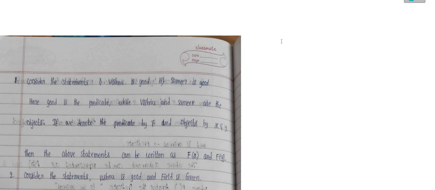Here, good is the predicate while Vishnu and Samir are the objects. If we denote the predicate by F and the objects by x and y, the statements can be written as F of x and F of y. Here, F of x means Vishnu is good, F of y means Samir is good.